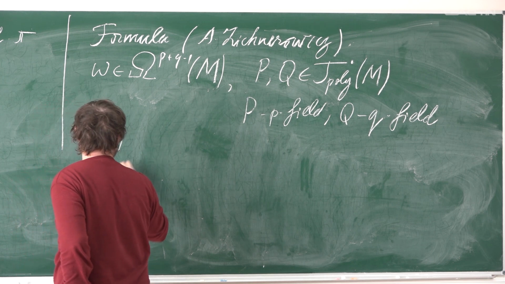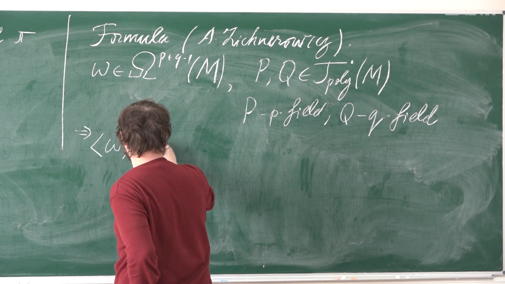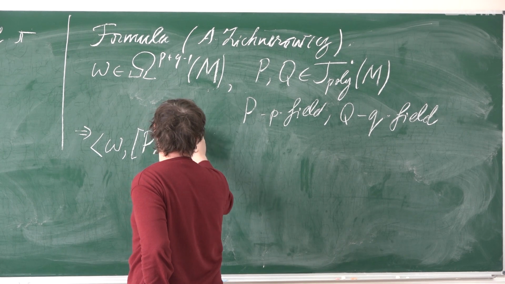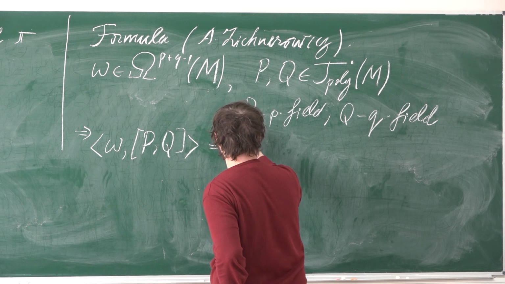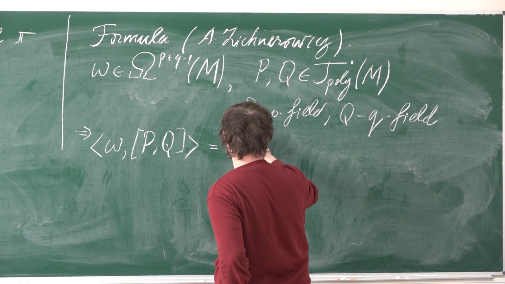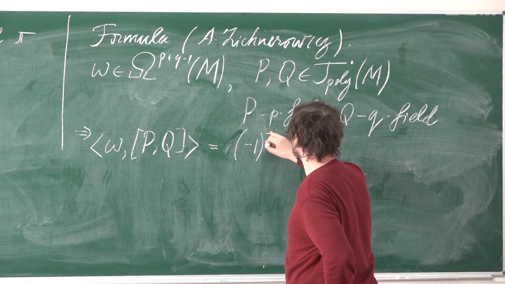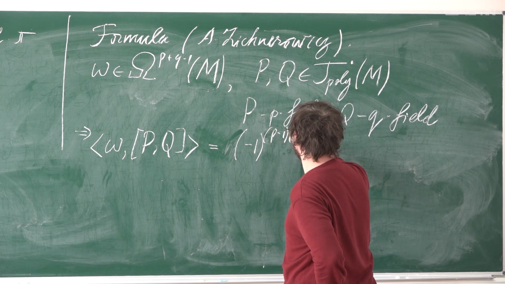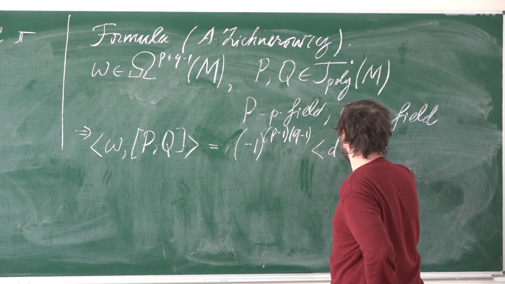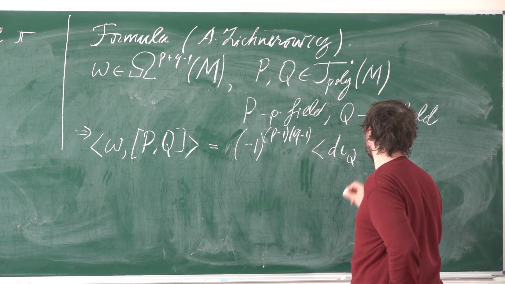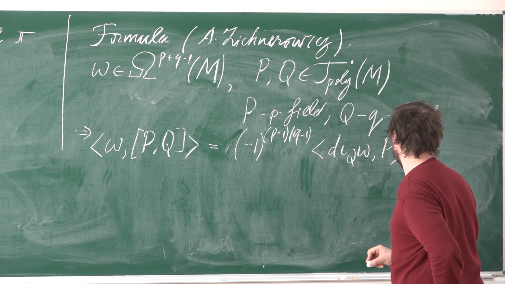The pairing of omega and the Schouten bracket of p and q is equal to the following linear combination of brackets. First of all, we use the sign minus 1 to the power (p minus 1)(q minus 1), I think, times d i_q of omega paired with p.